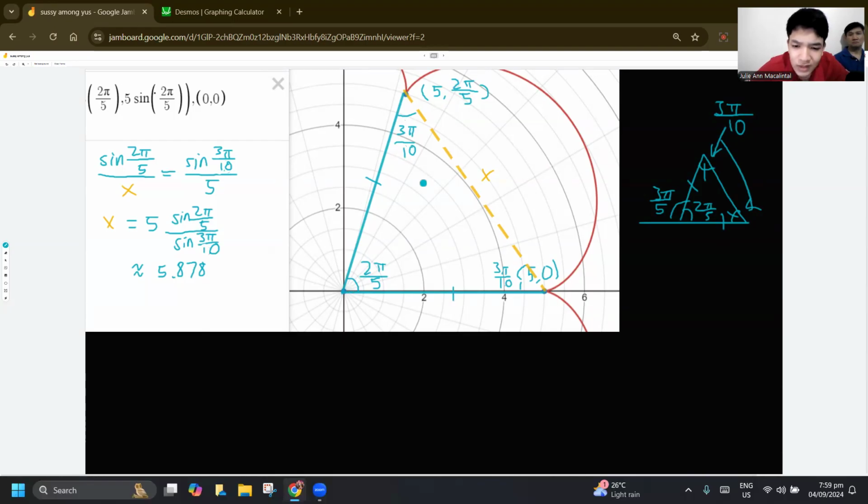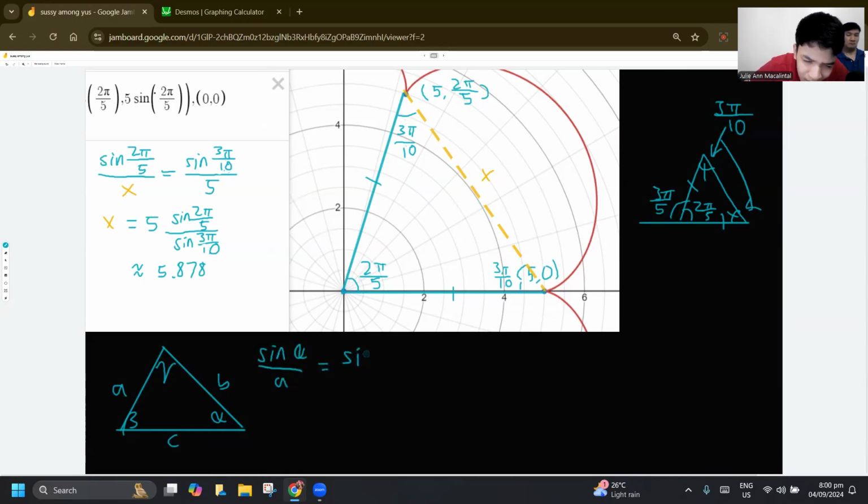So why does this matter? Why do we need to find all of them? Actually, there's no need to do it, but I did it because there is a theorem. It's the sine law. For any triangle with sides A, B, C and their respective opposite angles alpha, beta, and gamma, sine of alpha over A is equal to sine of beta over B, which is equal to sine of gamma over C. I'm not going to prove it here, but here is the theorem.